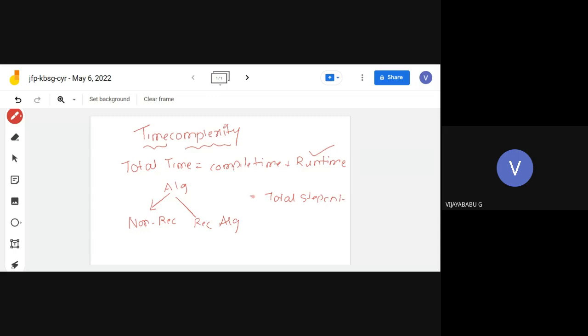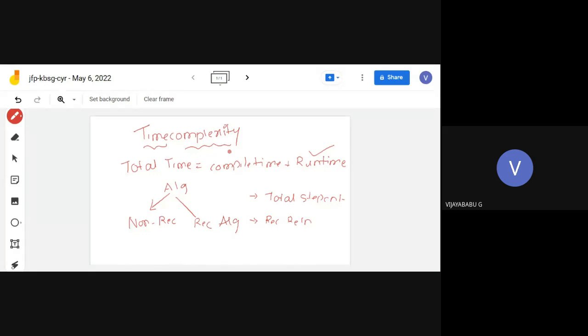So this is the concept. And one more thing, we are going to solve recursive algorithms especially. These are very, very important algorithms. We are going to solve the problems with the help of a recurrence relation. We are going to form a recurrence relation and resolve that recurrence relation based on the given problem.